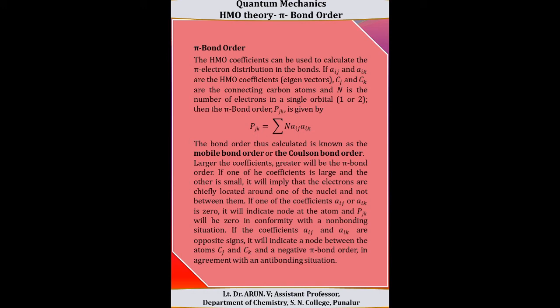The bond order thus calculated is known as the mobile bond order or the Coulson bond order, because it was derived by the scientist Coulson.